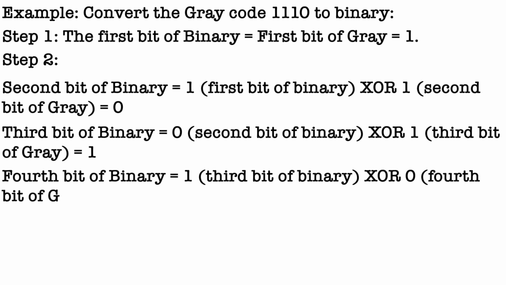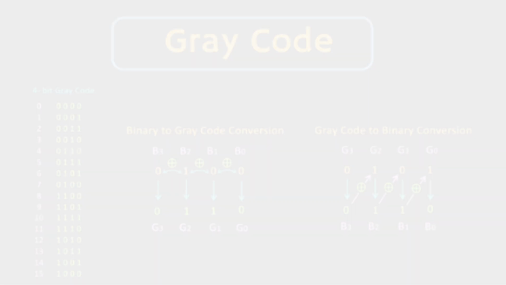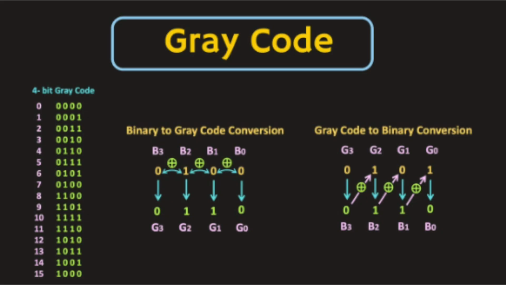For the fourth bit of binary, we use 1, the third bit of binary, XOR with 0, the fourth bit of gray, and we get 1 as the fourth bit of binary. So 1110 in gray form is converted to 1011 in binary form. As you can see in the diagram also, this is the simple way to convert binary to gray and gray to binary.